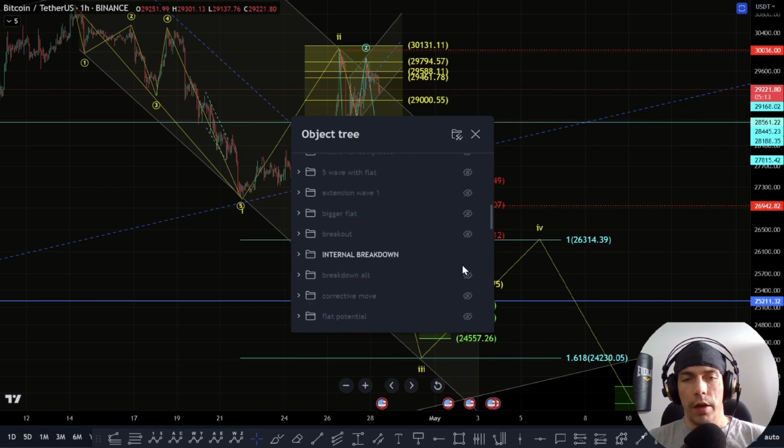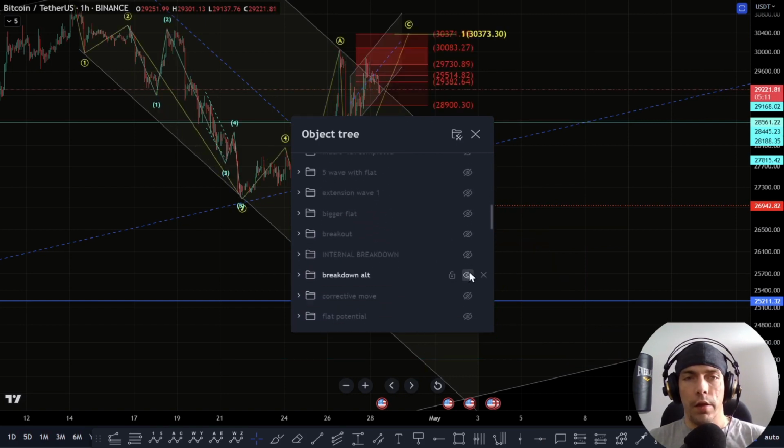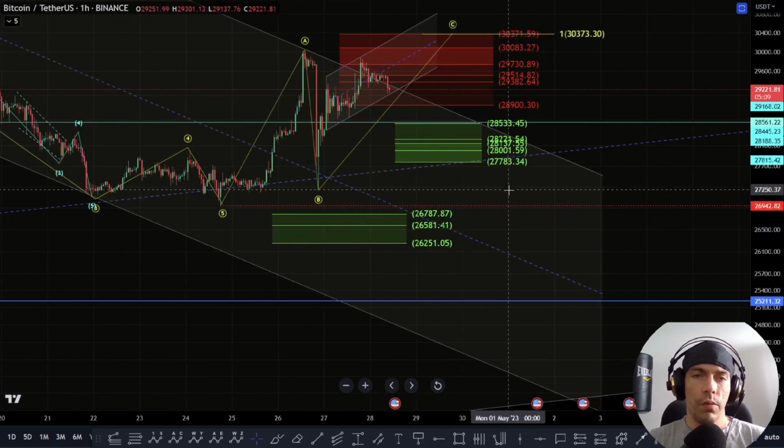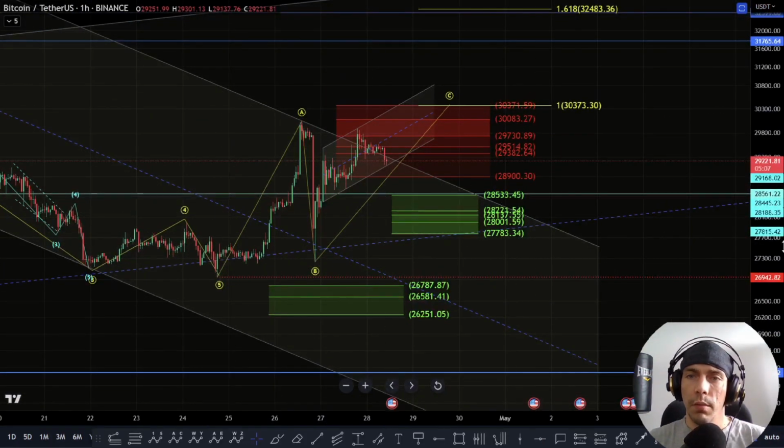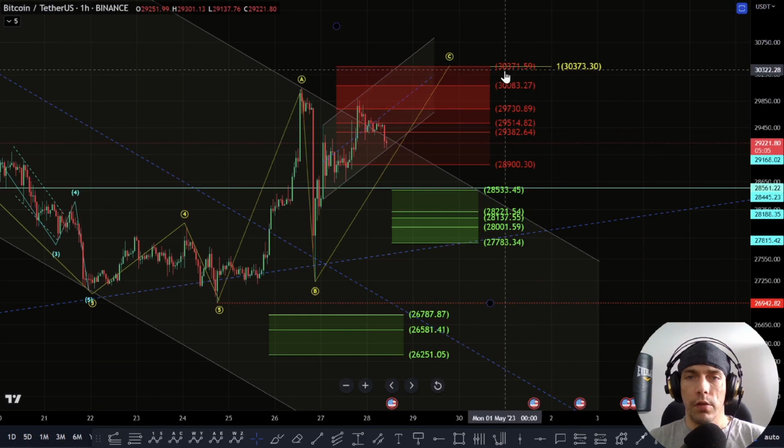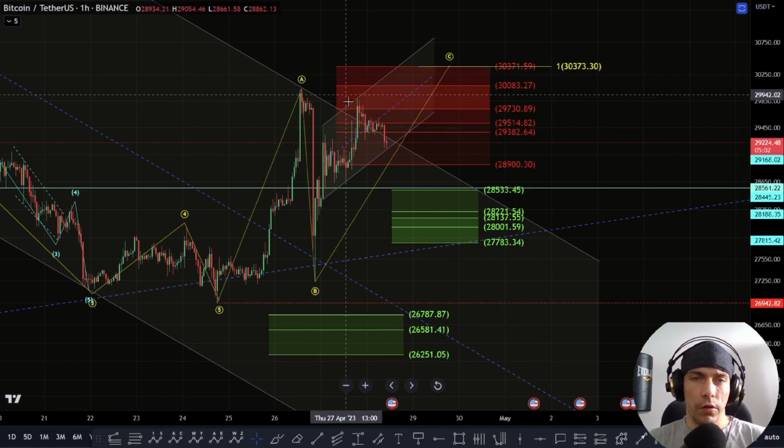I want to see whether we actually have this just as a corrective move, and it's going to come up one more time towards this 30,371, or whether we're actually going to start to break it down from this area here.